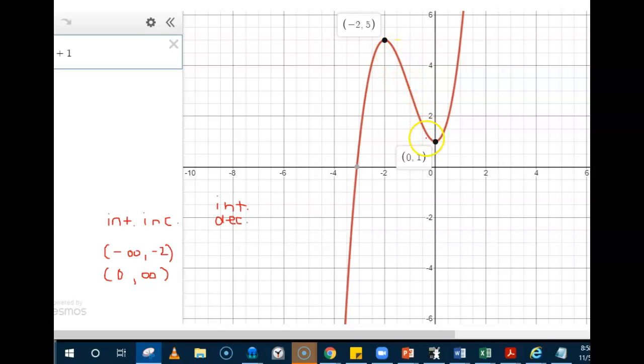I go all the way down. Okay? So where this function is decreasing, its interval would be from -2 to 0. From my max point to my min point. Okay? -2 to 0.